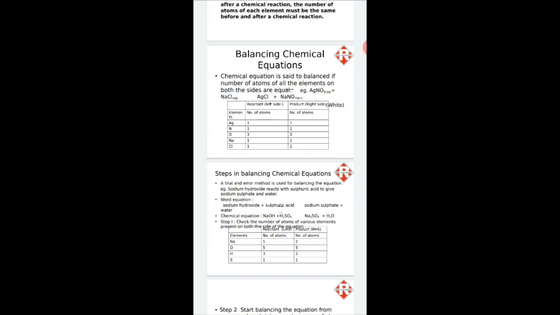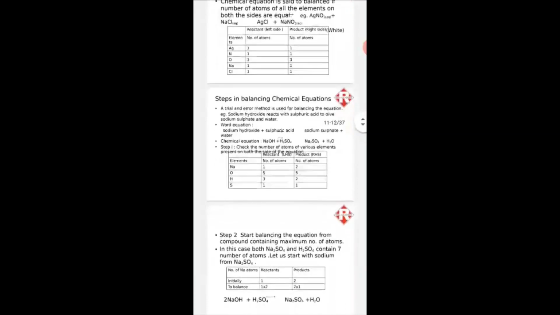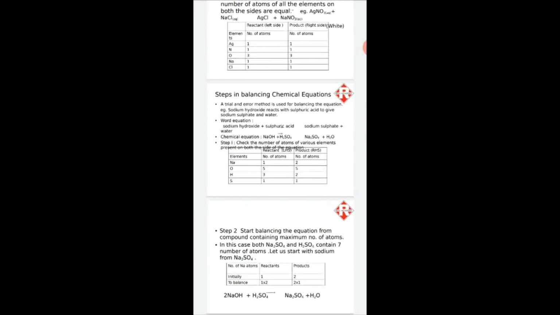Why do we say balanced equation? Because on both sides the number of atoms of all elements is equal. If it is an unbalanced equation, how do we make it balanced? Now see here, a trial and error method is used for balancing the equation. Example: sodium hydroxide reacts with sulfuric acid to give sodium sulfate and water.